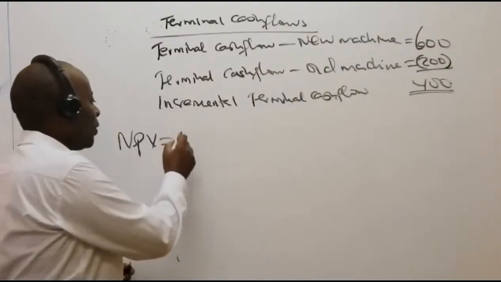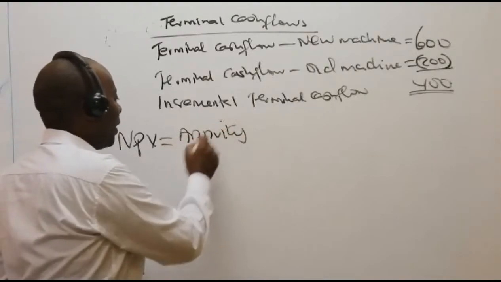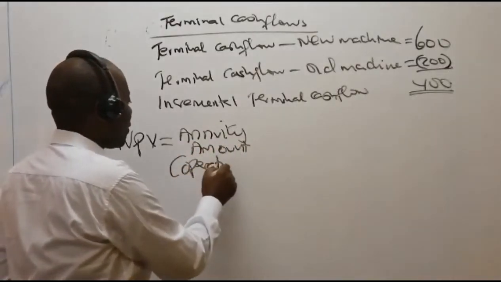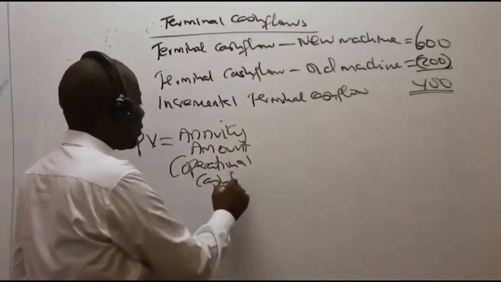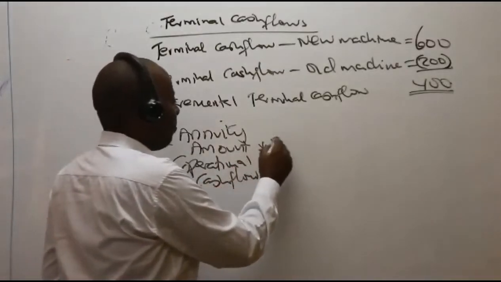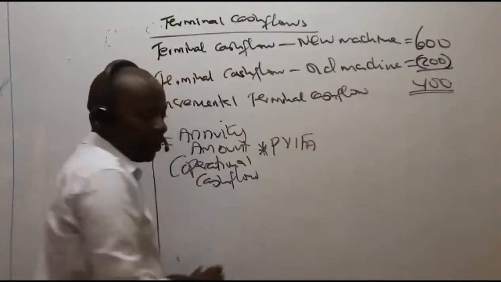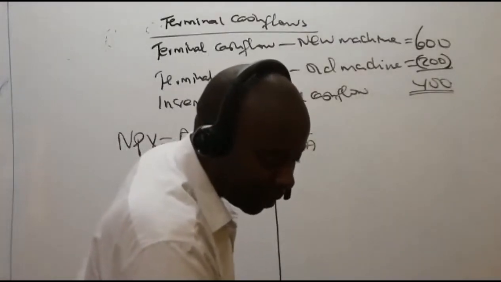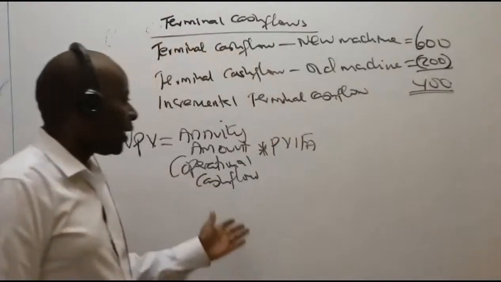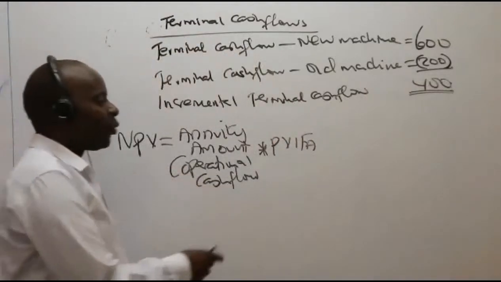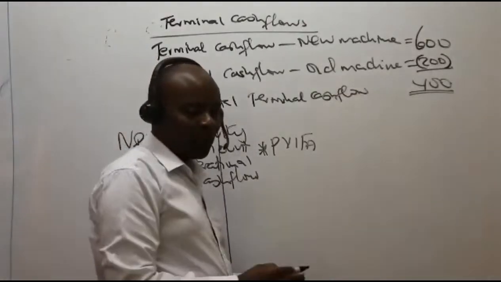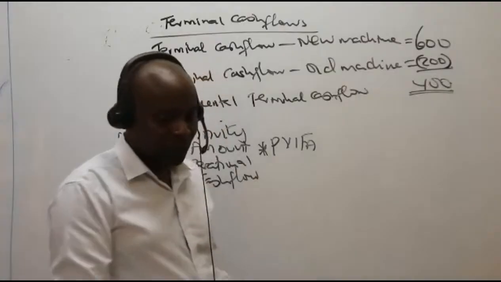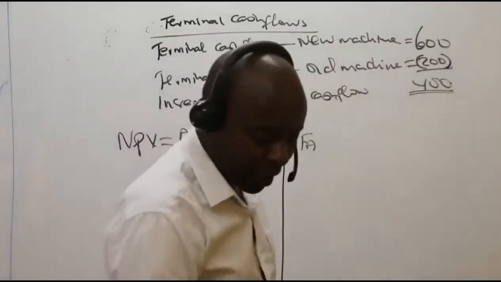I'll take the annuity amount, which is the operational cash flows, multiplied by PVFA, because these will need discounting. At what cost of capital? Are you able to see a cost of capital there? Cost of capital, at times they will call it required rate of return.